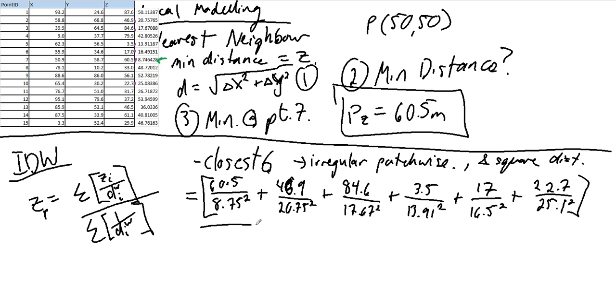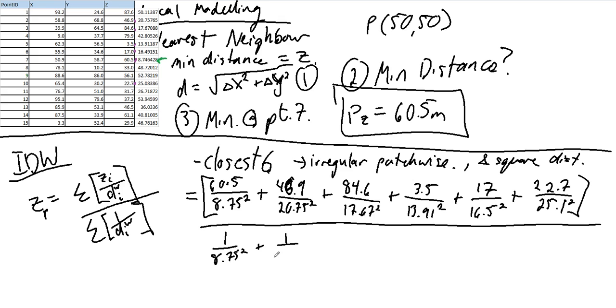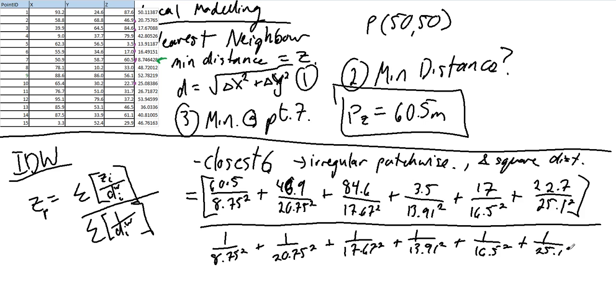Now I'm going to do the denominator, which is really a repeat of everything that we just did, except I keep out the Z value. So 8.75 squared plus 1 over 20.75 squared plus 1 over 17.67 squared plus 1 over 13.91 squared plus 1 over 16.5 squared plus 1 over 25.1 squared.